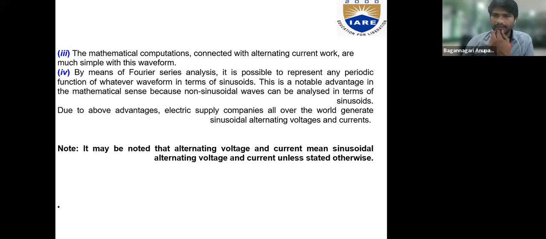No need to mention it all the time. But if it is a rectangular or triangular waveform, they will clearly mention which type of alternating voltage it is.